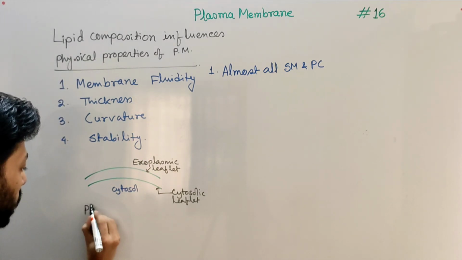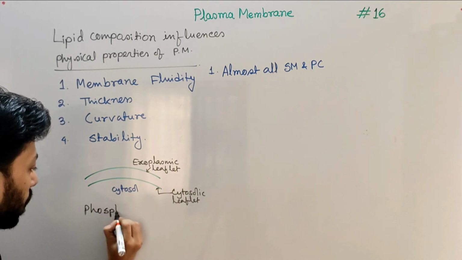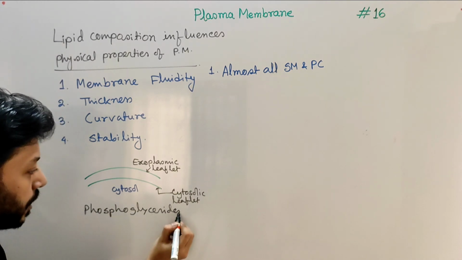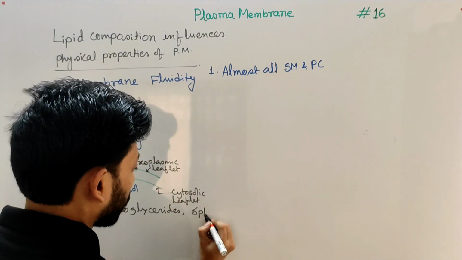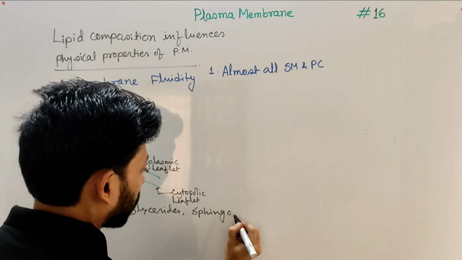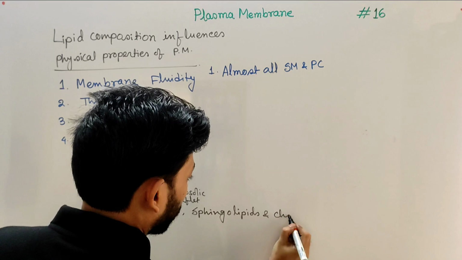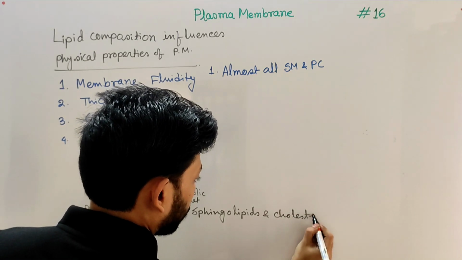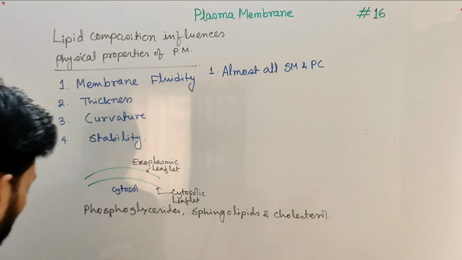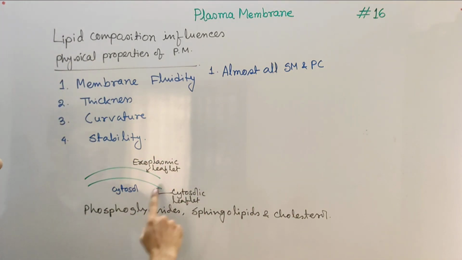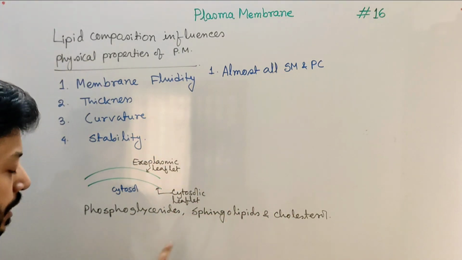One is called phosphoglycerides. Another is called sphingolipids. And third is cholesterol. Now phosphatidylcholine is under the phosphoglycerides and sphingomyelin is under the sphingolipids.